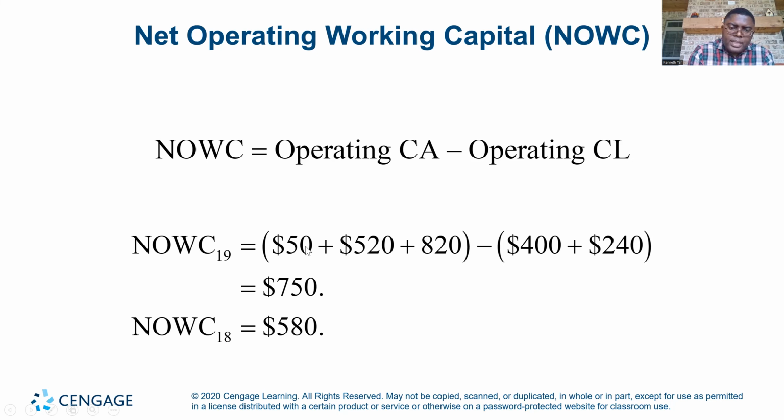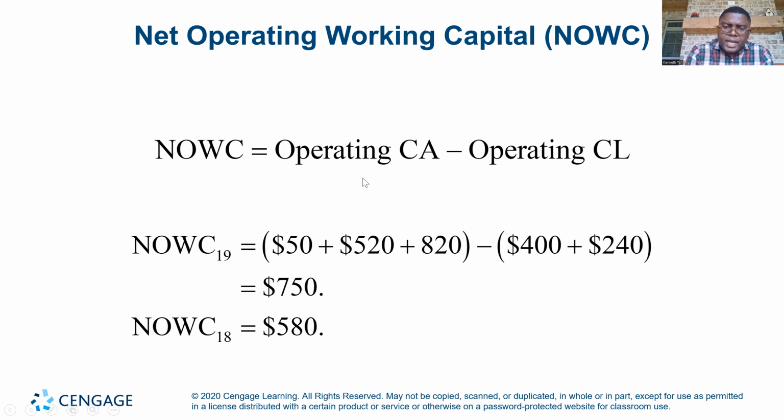If we go to our statements, for the year 2019, cash is 50 million plus inventory, which is 520 million, plus receivables, which is 820 million.